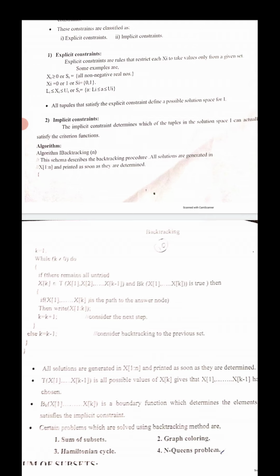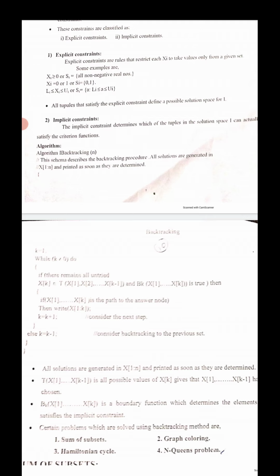While k is not equal to 0, if x[1] up to x[k] is a path to the answer node, then write x[1:k]; consider the next step, k equals k plus 1; else consider backtracking to the previous step, k equals k minus 1.